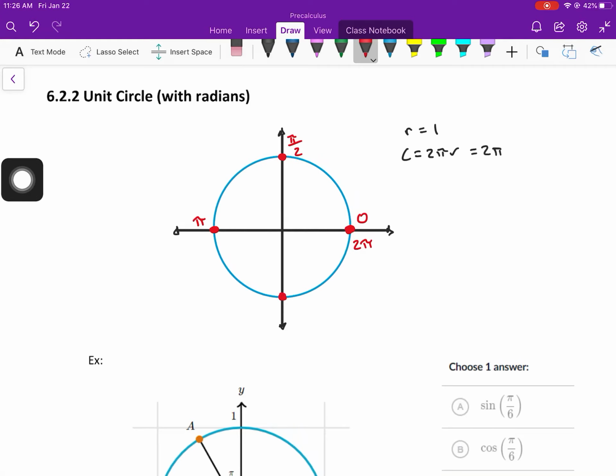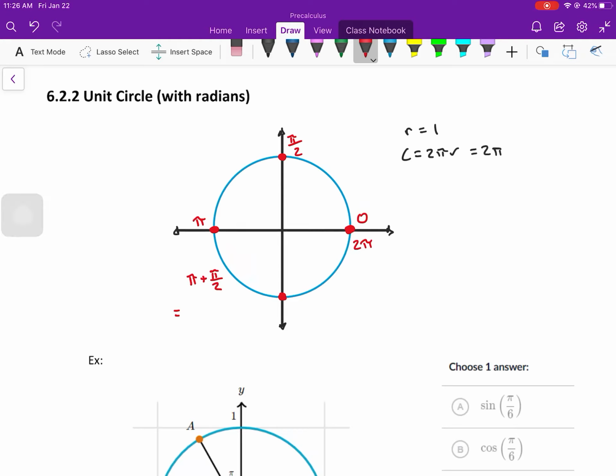How did we come up with 3 pi over 2? Different ways. You can think of it as 3/4 of 2 pi. But for the sake of this assignment, let's think of it as pi plus a quarter of the circle, or plus this portion here, which we know is pi over 2. So think of it that way.